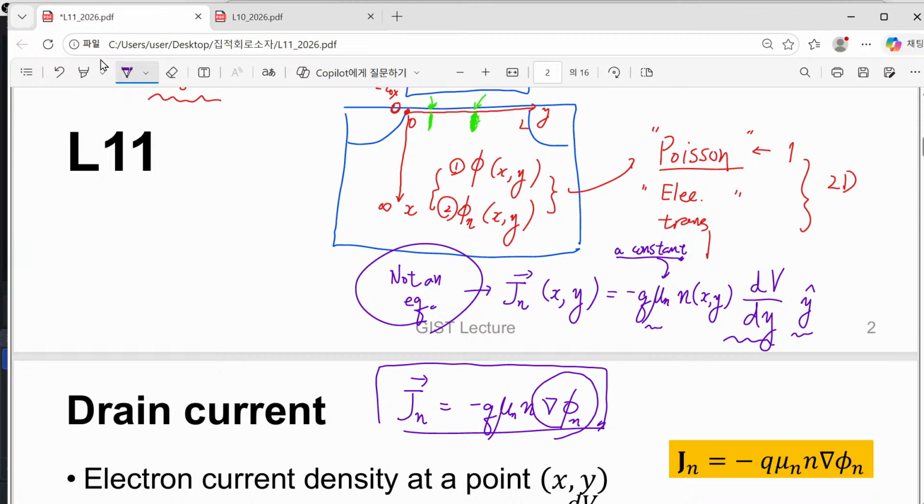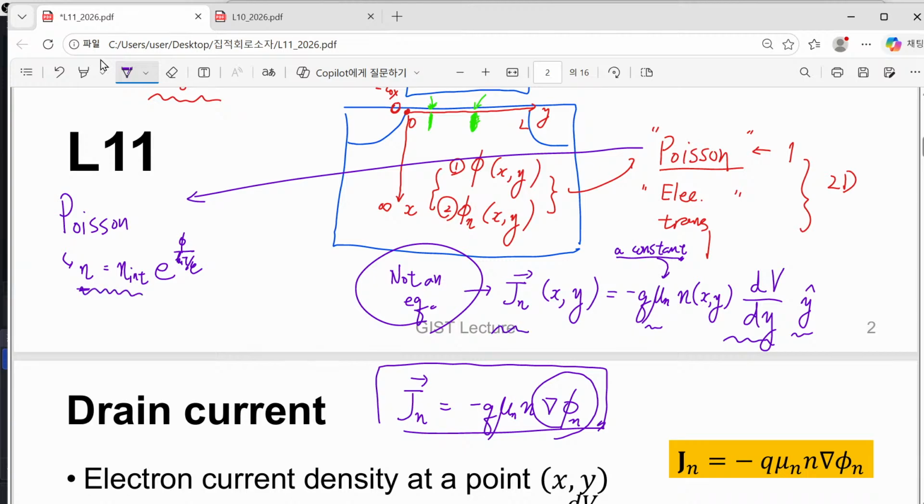Here we have a Poisson equation, and the Poisson equation needs electron density. And if you remember correctly, in this case we introduced that electron density is related with the intrinsic carrier density by an exponential of something. So the role of this Jn expression is just like an expression for electron density.